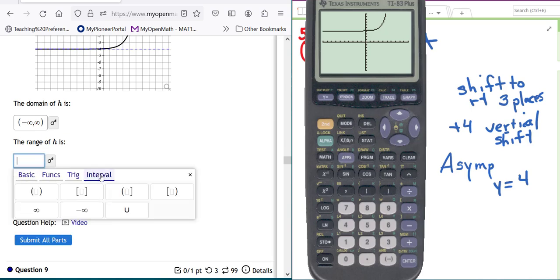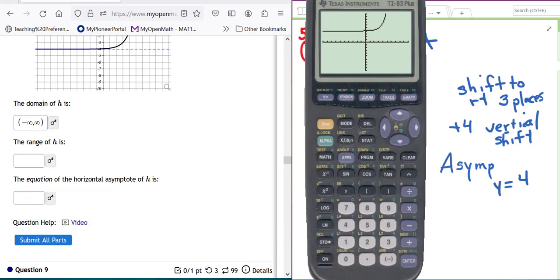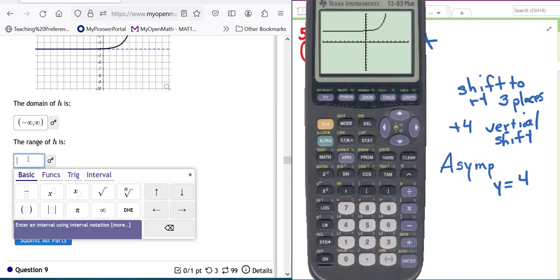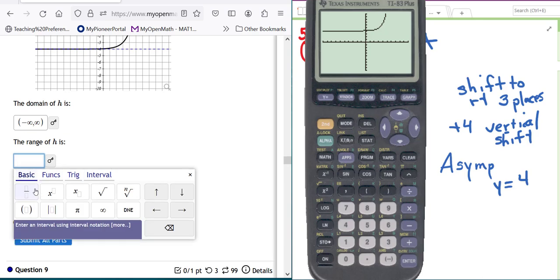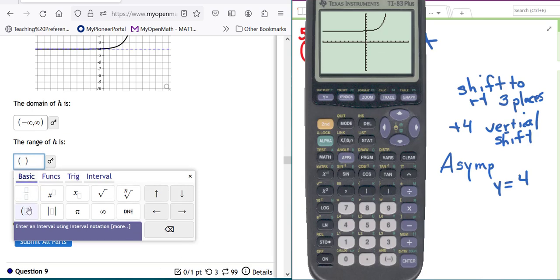Now, you never touch that asymptote. You're just going to go toward it. And so you want a parentheses for your range. You don't get to touch the asymptote. So we want parentheses, parentheses, right? So that 4 is going to be the first piece. I guess I didn't click it.